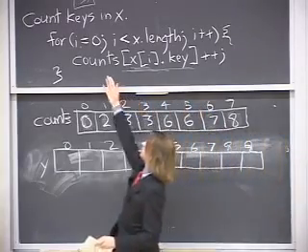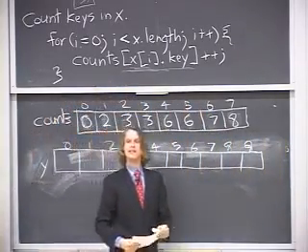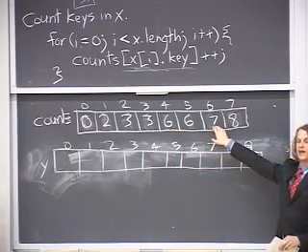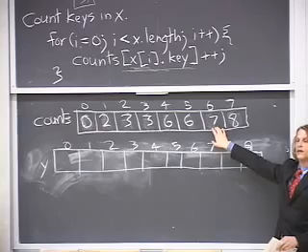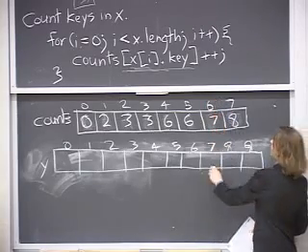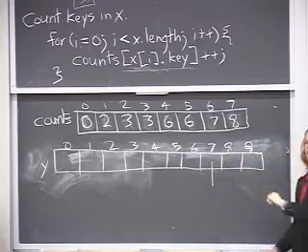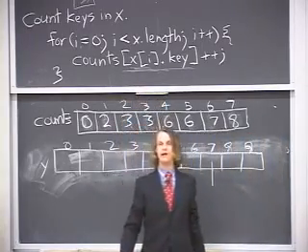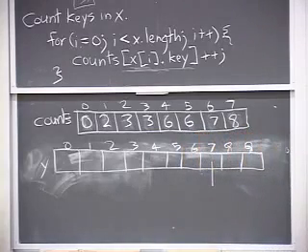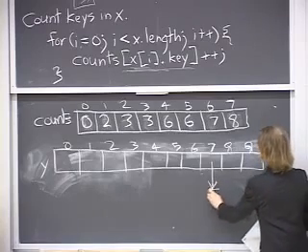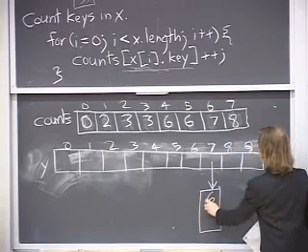So the very first item in X has a key of 6. The counts array tells us that if something has a key of 6, it should go in location 7. So I'm going to copy that pointer to here. Now this location 7 is going to point to the same database record as up there. It's actually pointing to the same object. We're not copying the object, but I'm going to write the object here again anyway.